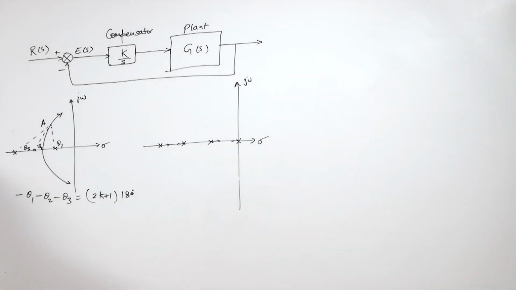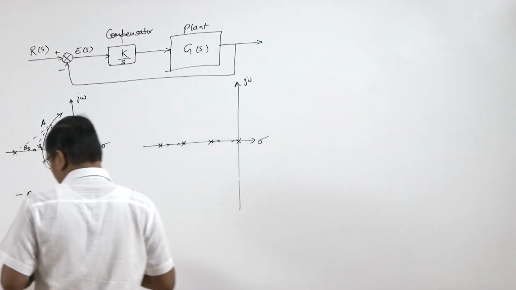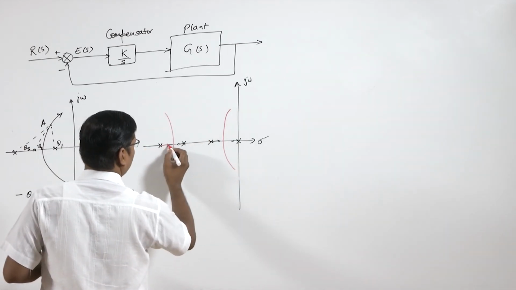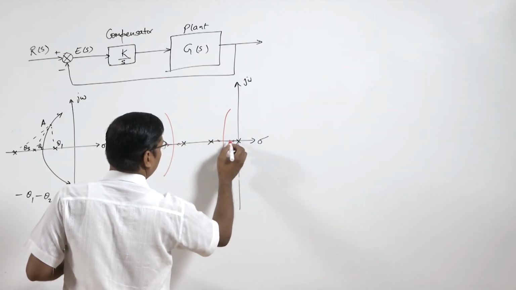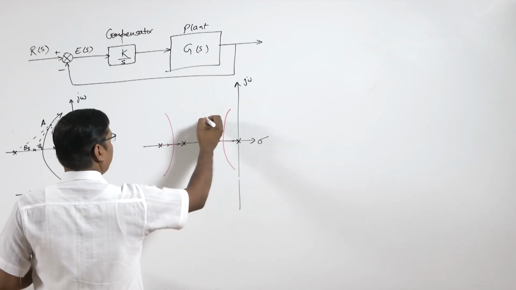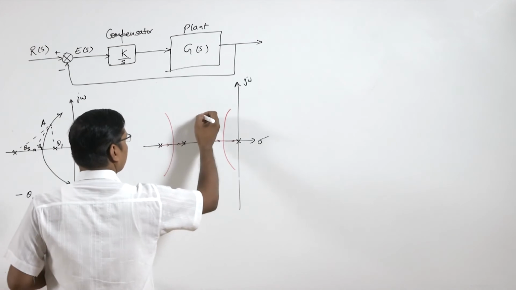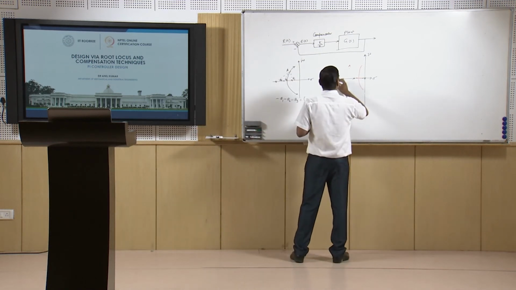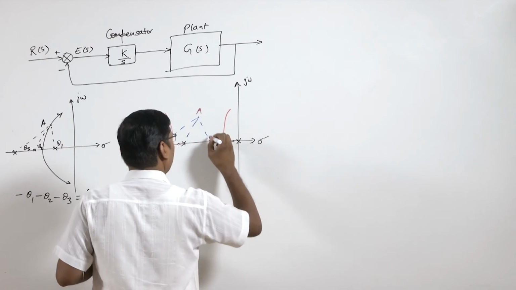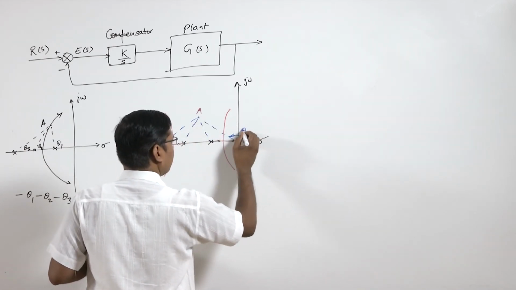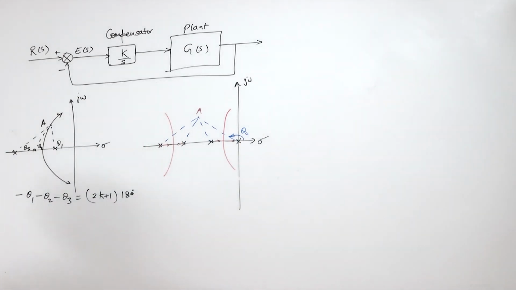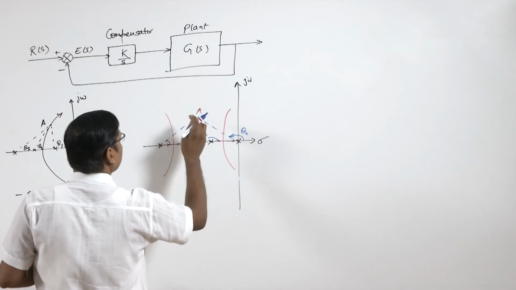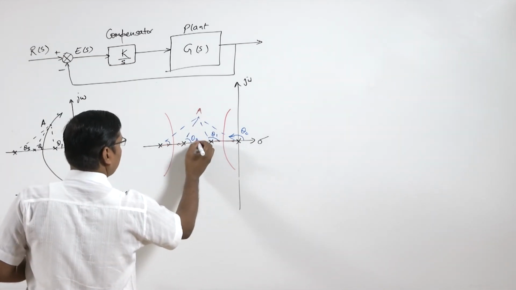So now the root locus may move like this and like this, and here is our point A. It does not pass through point A. And here we have theta C, the angle of this compensator pole, and these angles are already theta 1, theta 2, theta 3.